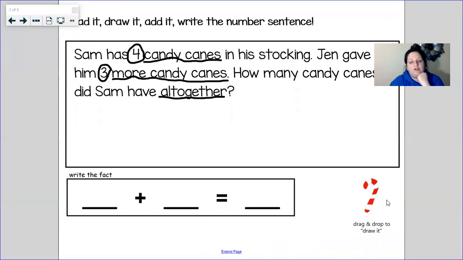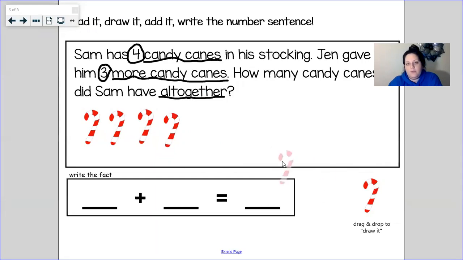All right, so you're going to draw some candy canes while I drag mine. So 4 candy canes to start. So 1, 2, 3, 4. And then Jen gave him 3 more candy canes. So we're going to do 1, 2, 3. So to start, we'll start writing our problem.